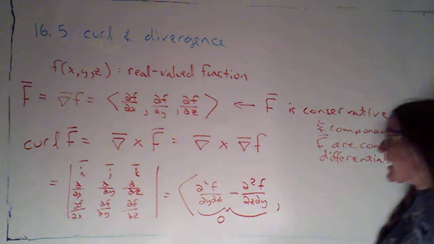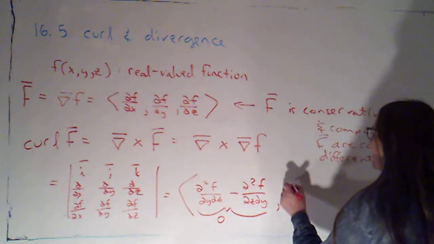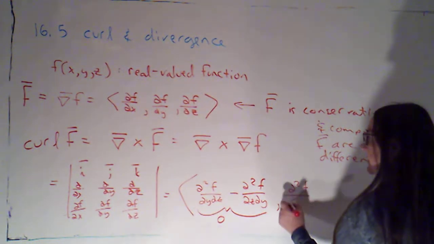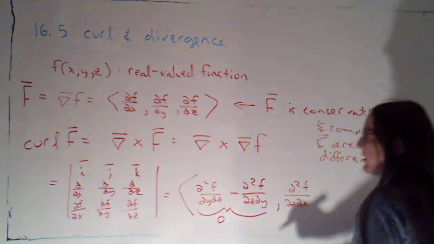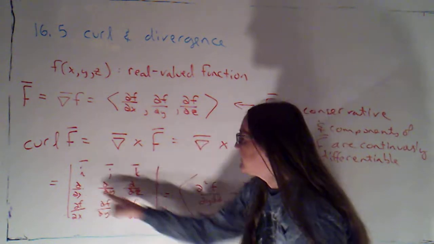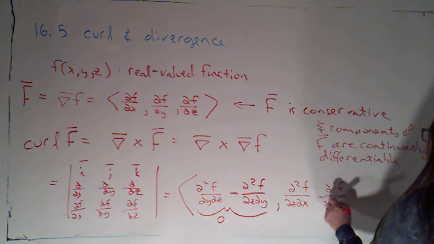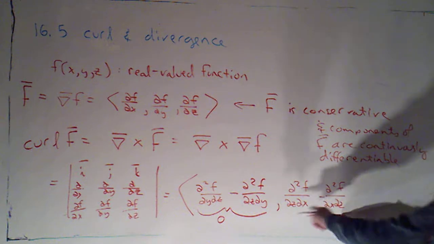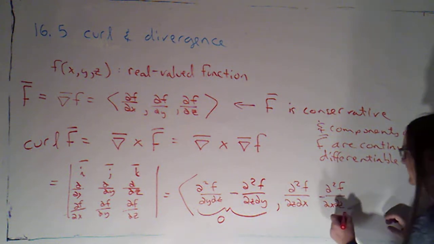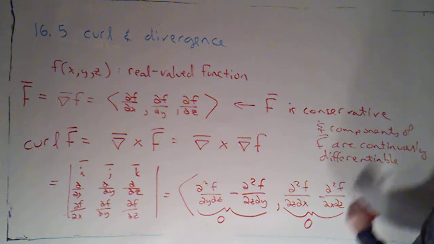Okay, if I look at the j's, got to remember to do this one backwards. So I'm going to get partial squared f partial z partial x. So I already had the partial with respect to x, then I took the partial with respect to z, and I'm subtracting this one. So minus partial squared f partial x partial z. Those are the two mixed second partials that involve x and z. So that's going to be 0.